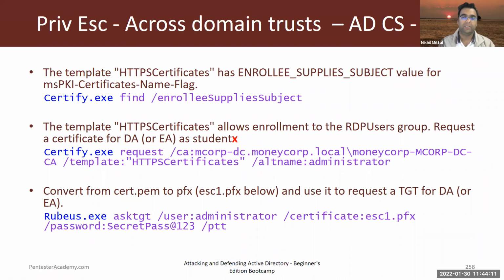What does this mean? This means that if you have rights to enroll in this template, you can supply the subject. What is the subject? Subject is the user for whom you request the certificate. Now, because the enrollee, that is, you are supplying the subject, you can request the certificate for any user, including a domain admin.